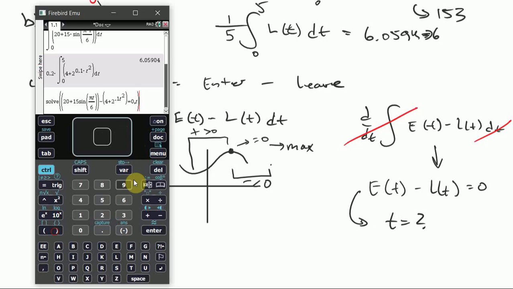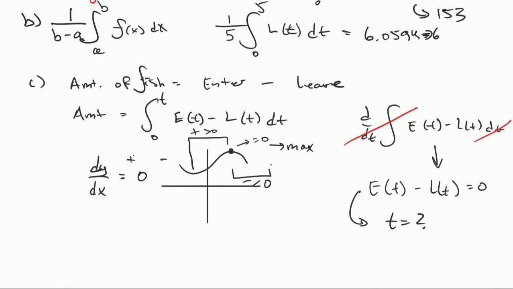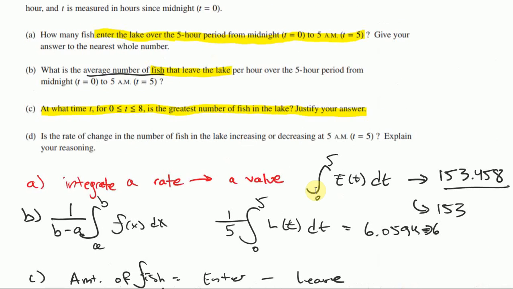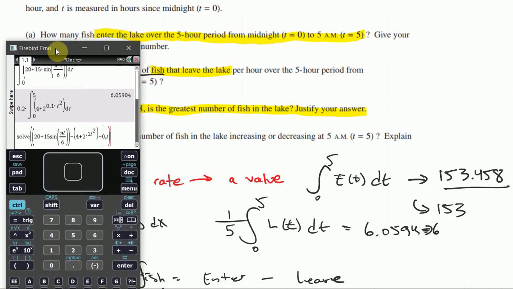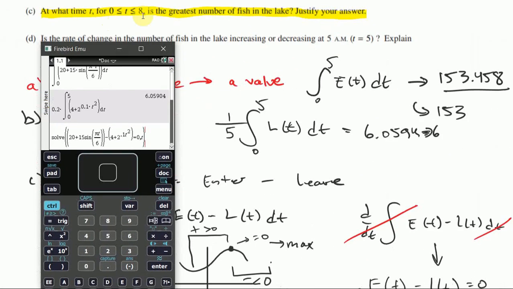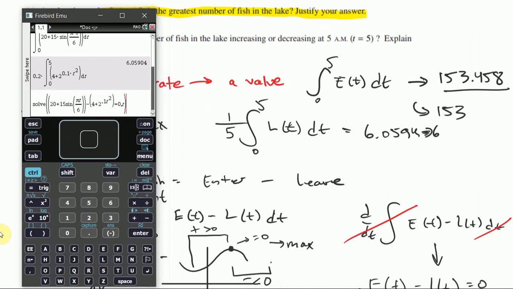It also said that we were looking for t between 0 and 8, so we're basically just going to put that in here, such that 0 is less than or equal to t, which is less than or equal to 8. Why are we saying less than or equal to instead of just less than?